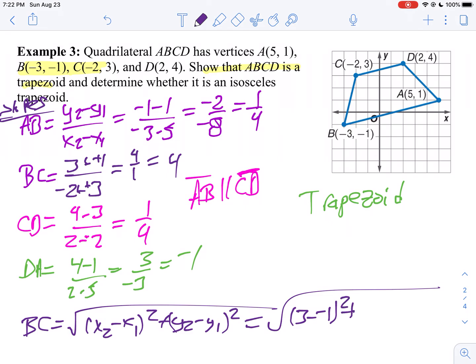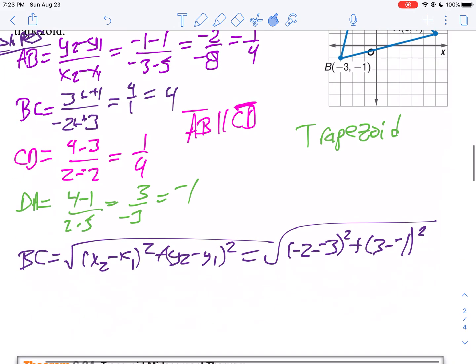Let's do this like I told you I was going to do. Let's subtract the x's first. So we're going to do negative 2 minus negative 3 squared plus 3 minus a negative 1 squared. Now let's do some simplifying.